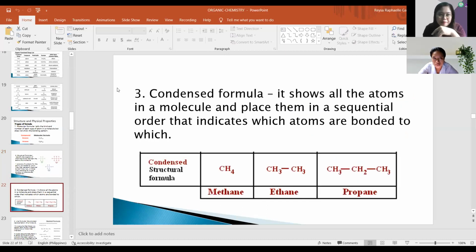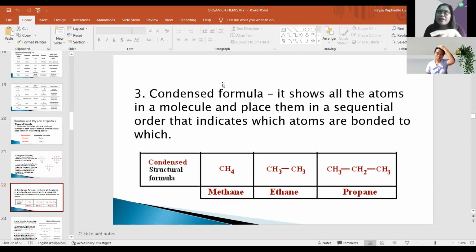And then pag nagne-naming na, and at the same time, pag gumagawa ako ng formula, class, I always use the condensed formula. This will be easier for me kasi it will show me the arrangement of the atoms, at the same time the bonding, na hindi masyadong complicated compared to the structural formula.